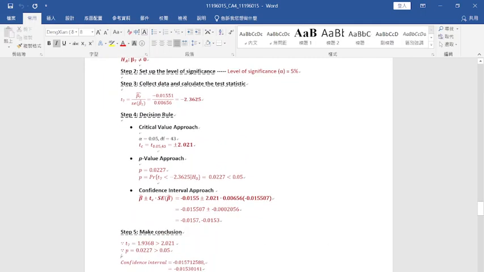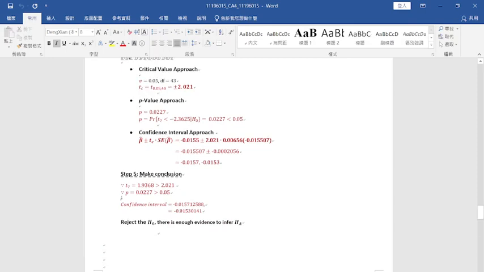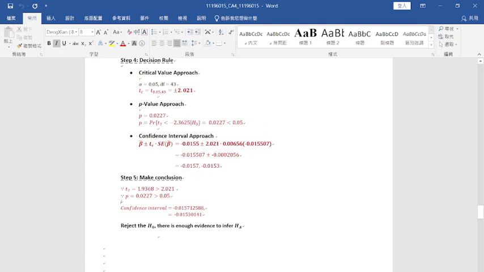This is beta hat plus and minus the critical value of t times the standard error of beta. So you don't have this one. And again, I say that you can double check it with the Excel output, right?